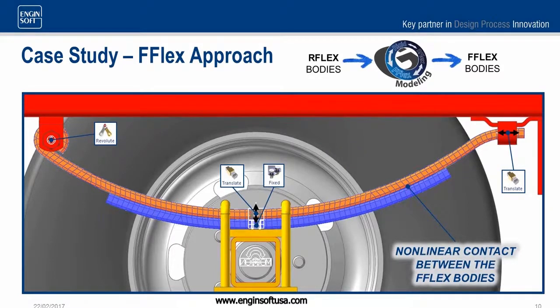So I have also tested the full flex approach on the same system. With the G-modeling tool, I have converted the RFlex bodies into full flex bodies. So these are real finite element flexible bodies. This time there is no linear limitation to the model, so I can apply a nonlinear contact between the two parts.